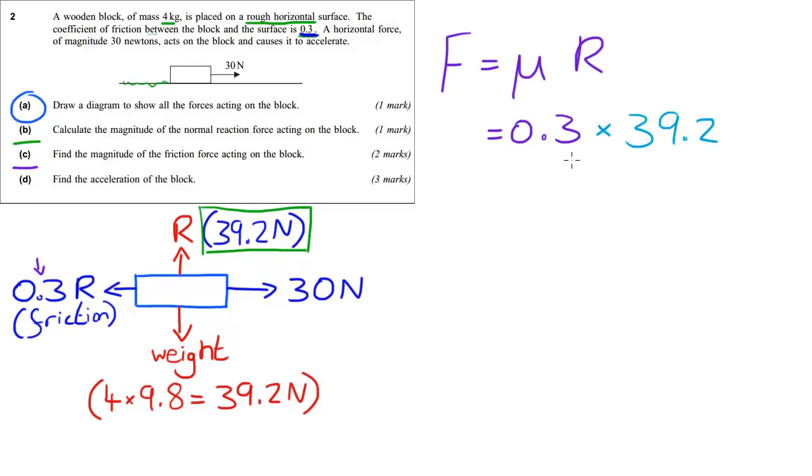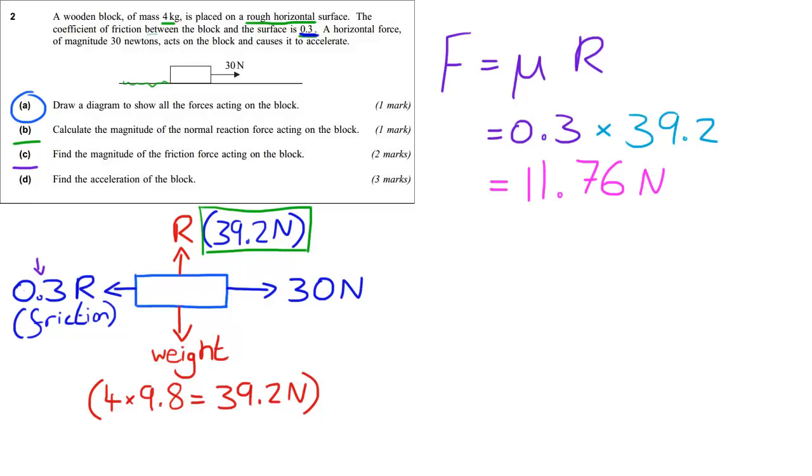It doesn't make any difference which one you write down in the exam. And then you times those two together, and I believe what you get out of that is 11.76. I think that's right, that is right, good. 11.76 newtons, that is our friction force. That's what's pulling it to the left, basically, and our 30 newtons is going to the right.